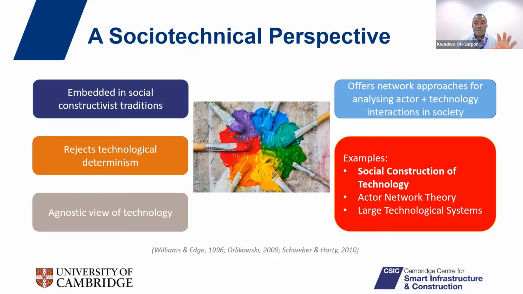If you have a technological solution, that is the end of that problem. It does not take any fixed view about what technology is, and that is the agnostic view of technology. And a sociotechnical perspective also offers a network approach for analyzing the interactions between actors, technology, and the wider context in a given location. Examples include the social construction of technology approach, actor network theory, and large technological systems view of innovations.